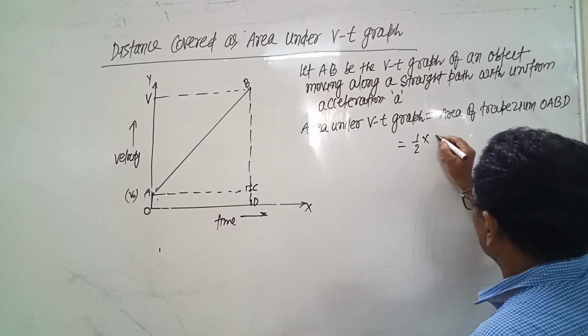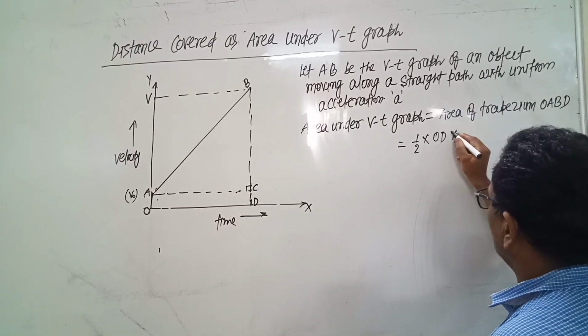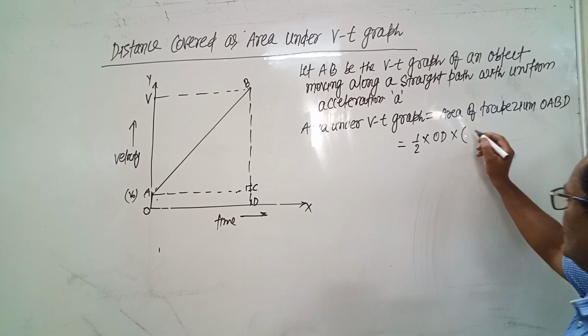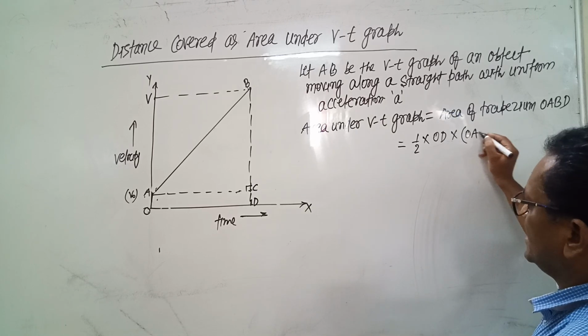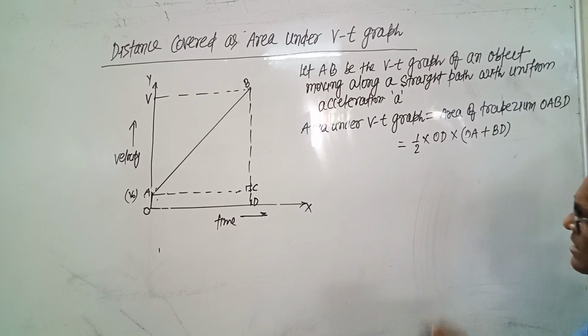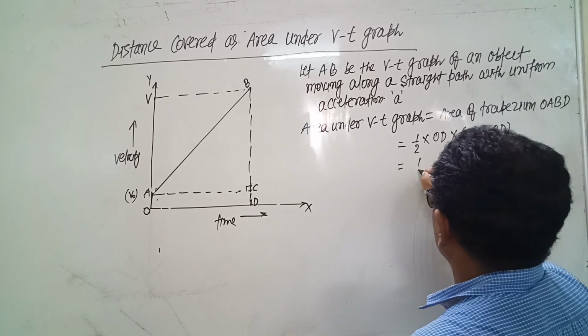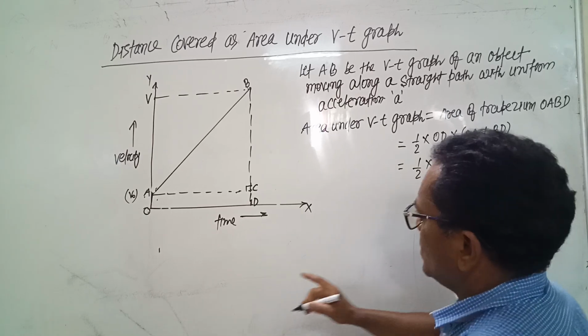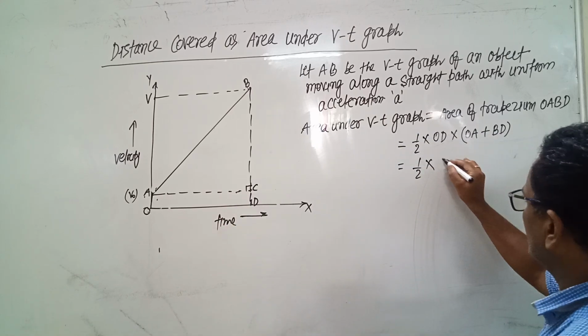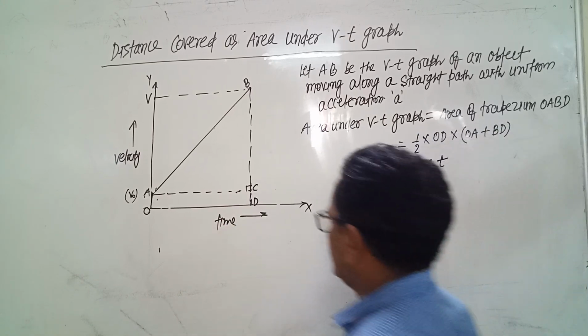So half into OD into the sum of parallel sides, OA plus BD. Here OD is the time t.